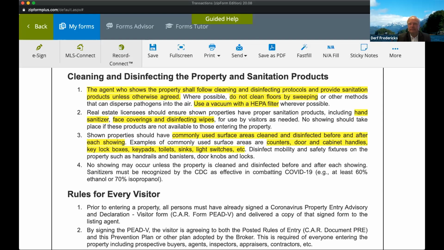If everyone follows the rules and no one touches anything, what does the showing agent have to do to clean after everyone finishes, after you leave? Okay, well, as stated in that best practices, it's the listing agent's responsibility to see that the property is clean before and after every showing. Oh, the listing, I'm sorry. Okay, thank you. It's their responsibility.